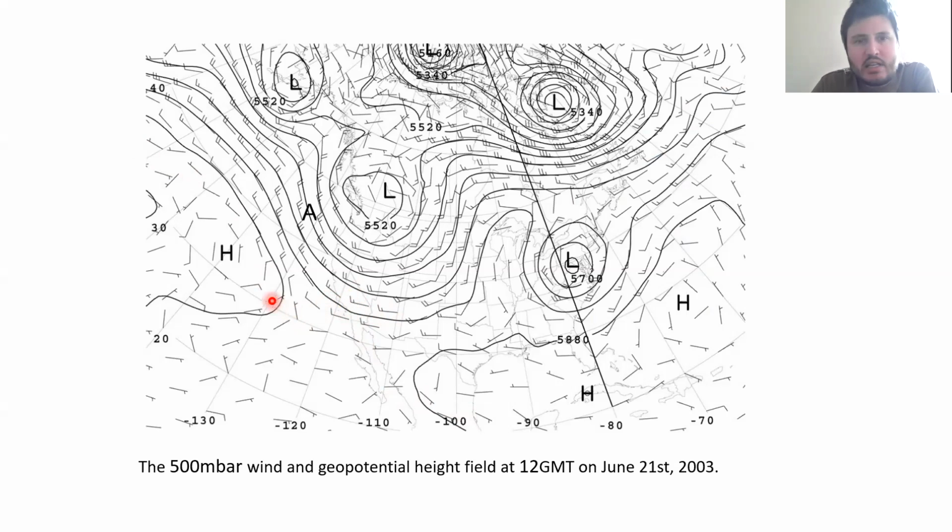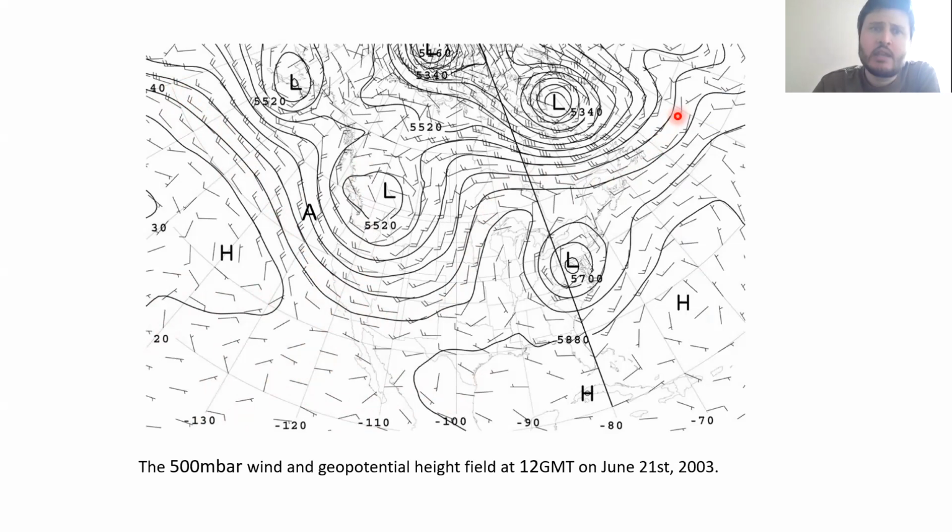What we see is that in the subtropics, basically over the tropics, at latitude 20 degrees, the winds are all over the place. They don't follow the isolines or any particular direction. But as we go farther north, close to the mid latitudes, the wind aligns very well with these isolines of geopotential height.